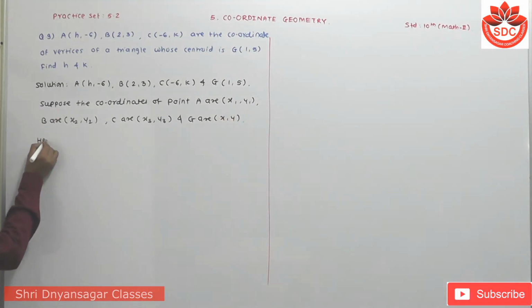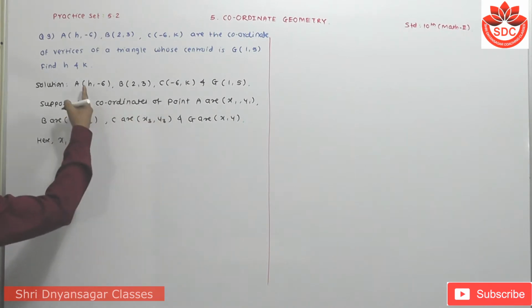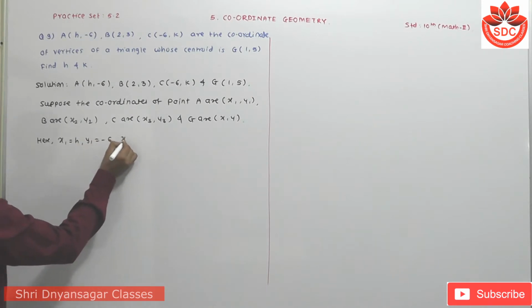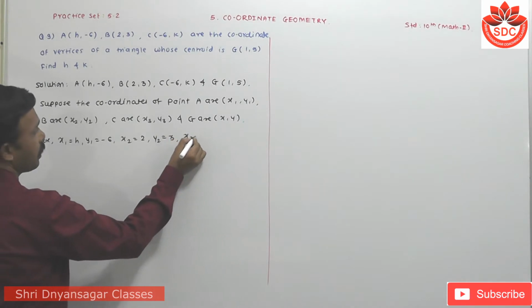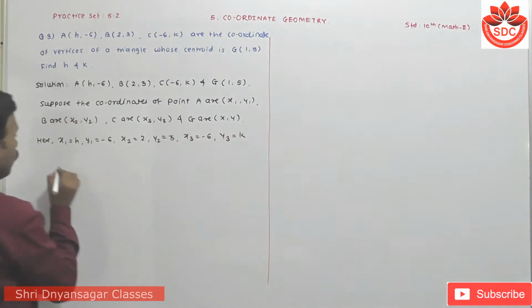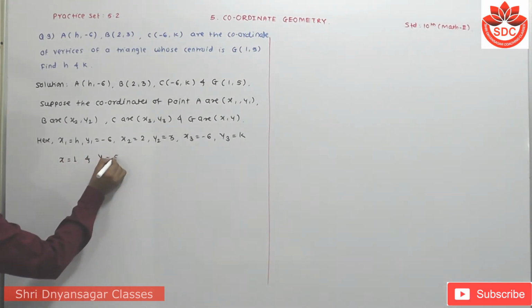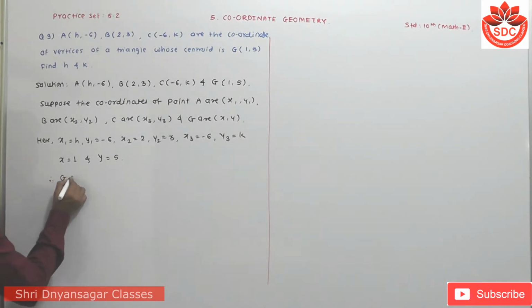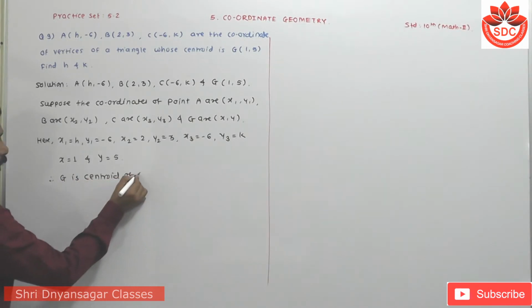Here, by comparing, we get x1 is h, y1 is -6, x2 is 2, y2 is 3, x3 is -6, y3 is k, x is 1 and y is 5. Here G is the centroid of triangle ABC.